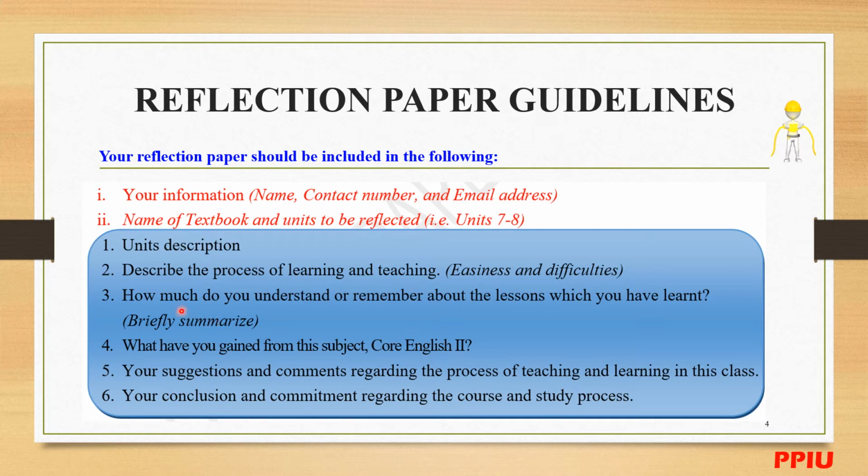Number 3, you better include how much you understand or remember about the lesson which you have learned. Briefly summarize. For this part, there is no need to go back and open the book. Just based on your own memory and your own understanding, just list it down on the paper.